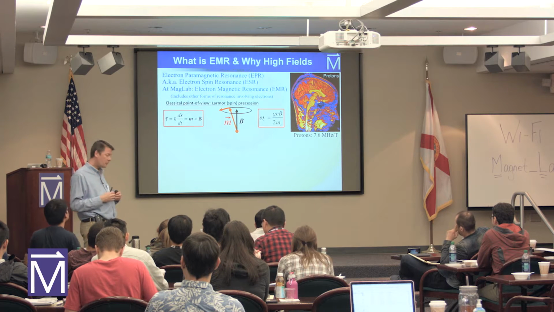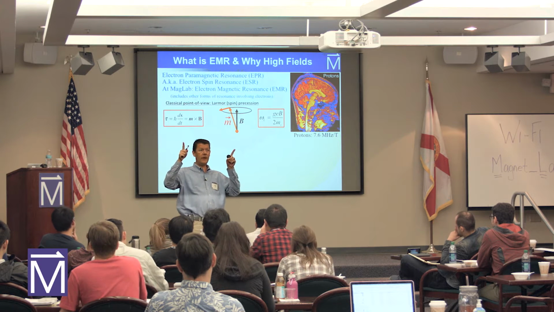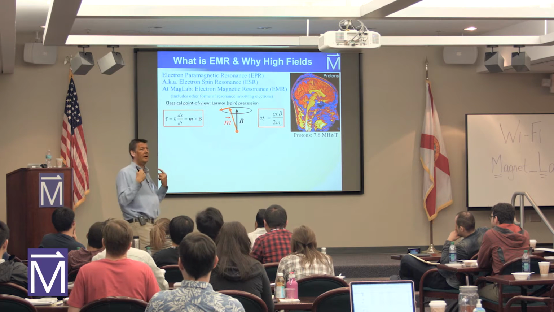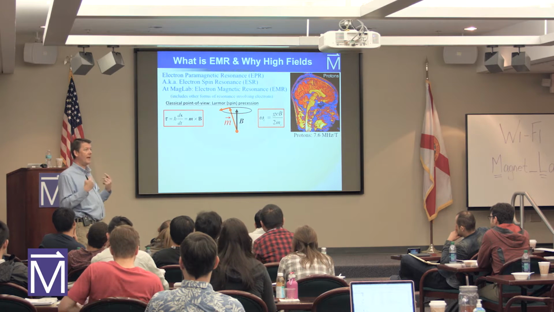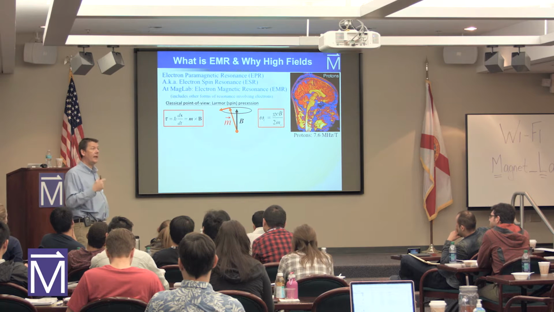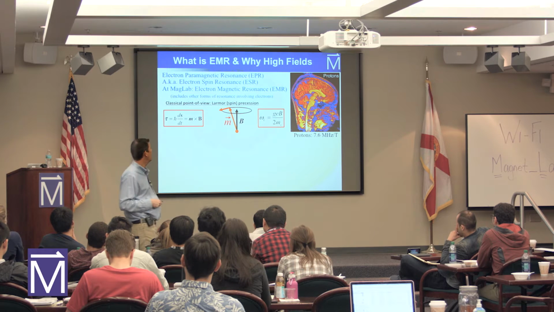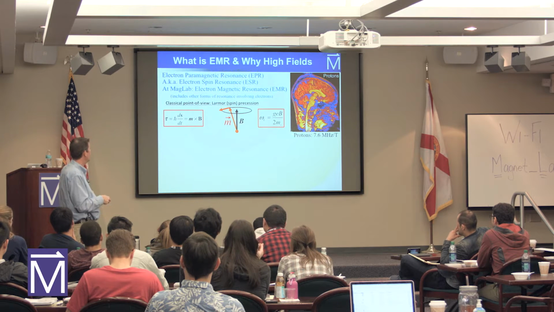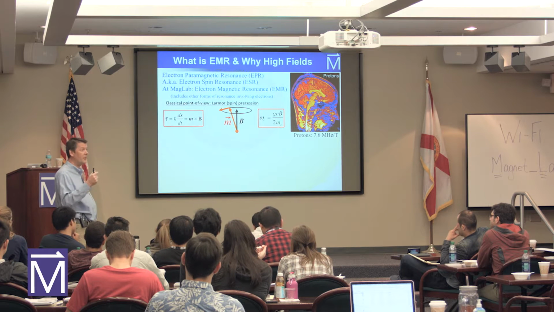Essentially, putting a magnetic field on and then flipping spins with radio frequency pulses. You can then, with clever pulse sequences, figure out how those spins relax back, and using gradients, you can actually generate images looking at how the protons in the water in a living object relax, and that tells you something locally about what's going on in the material. So it's an incredibly powerful technique with protons.